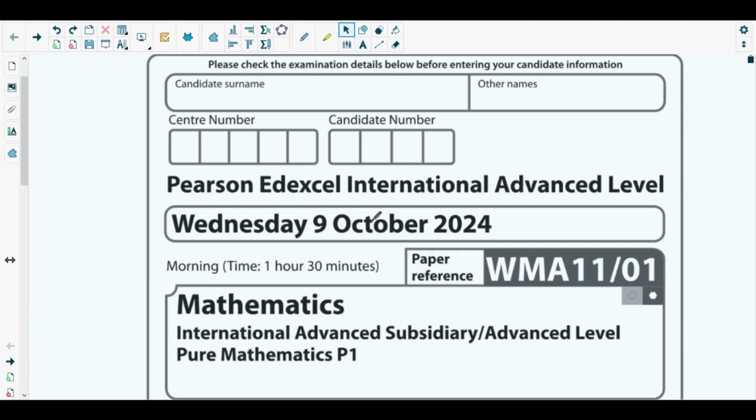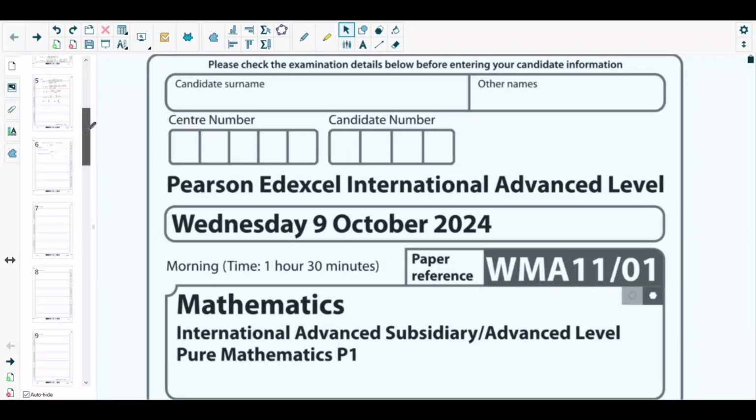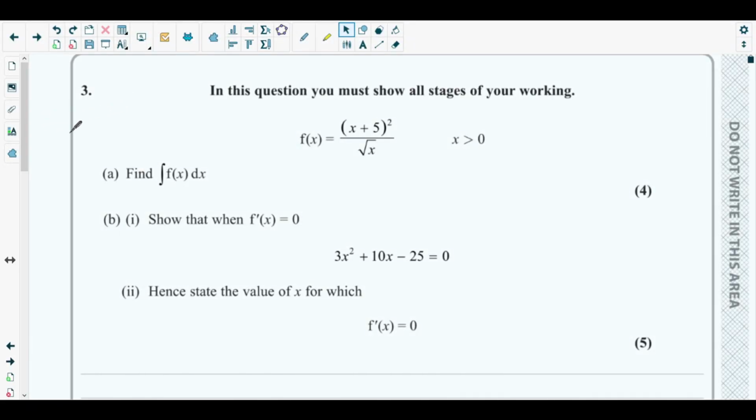So in this video we will be solving question number 3 from October 2024 Pure Mathematics 1 paper. So let's see what question number 3 from this latest P1 paper is about. You can see question number 3 on the screen.